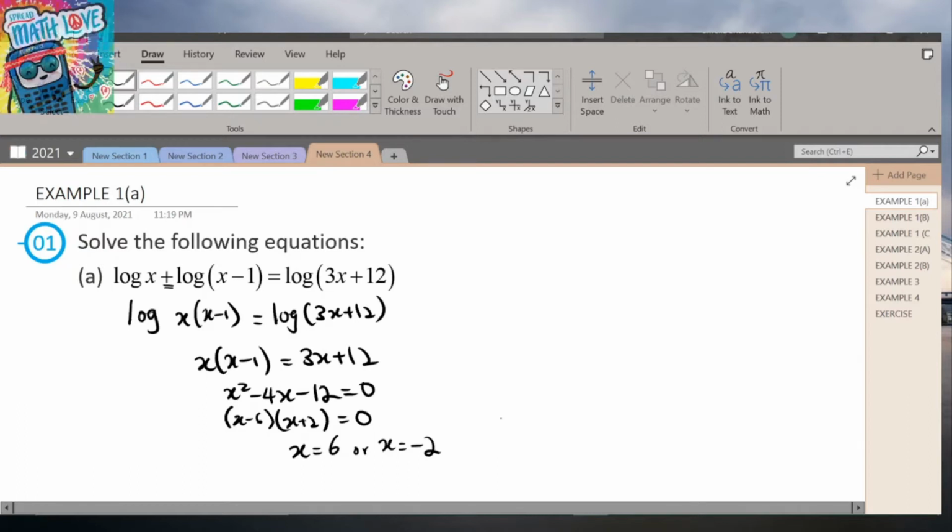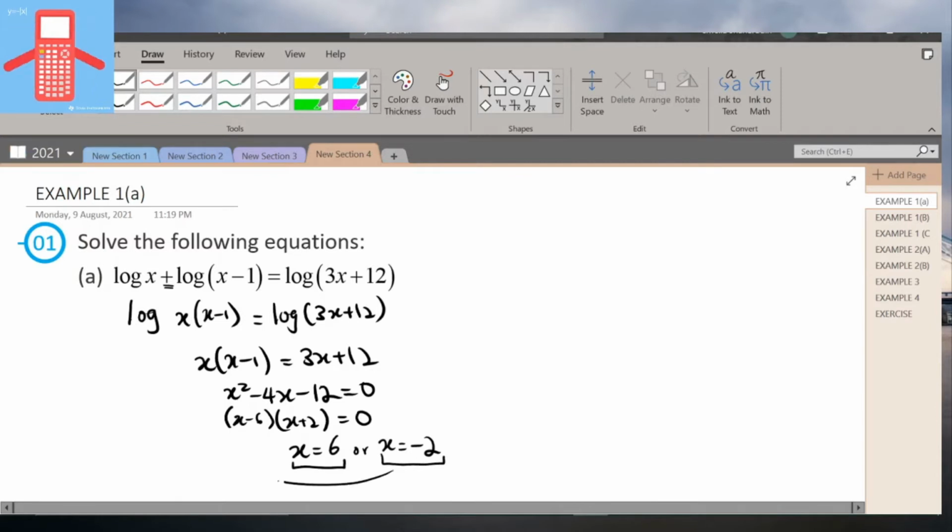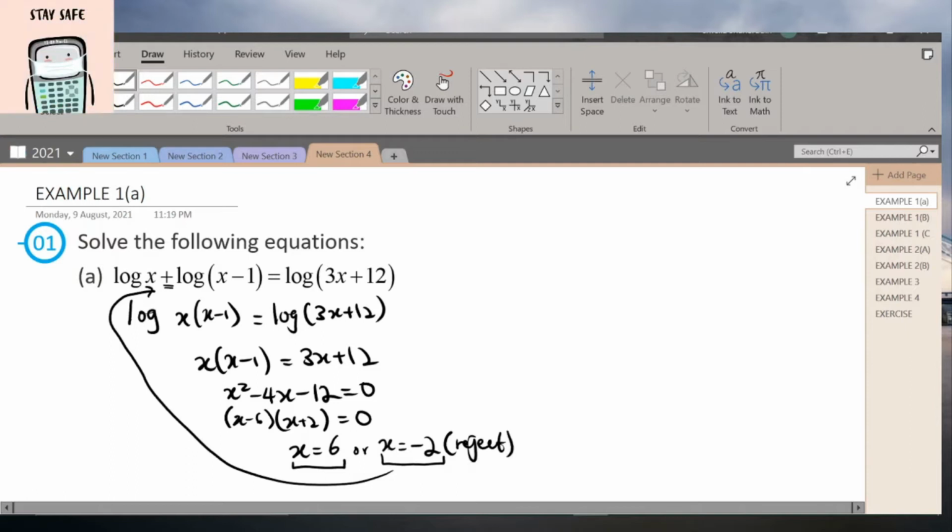Okay, so which of these two values will we choose? We will choose x equals 6, as we cannot choose a negative number for a log. So we will reject this answer because of the basic logarithm rules, and the final step will be checking our answer.